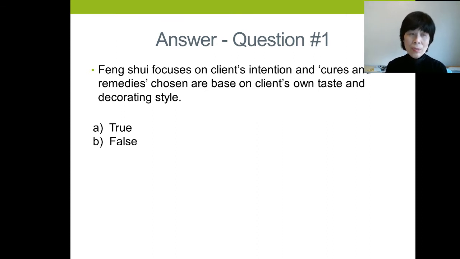So this is, of course, false. Traditional Feng Shui uses the Luo Shu chart and its principle.